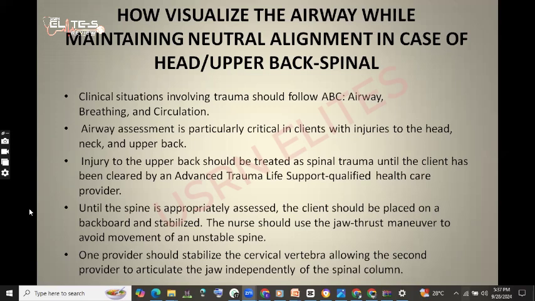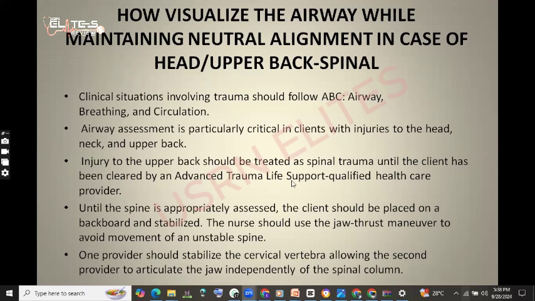You're welcome. So the next point we are saying is airway assessment, particularly for clients with injuries to the head, to the neck, and to the upper back. Very, very critical. Injury to the upper back should be treated as spinal trauma until the client has been cleared by an advanced trauma life support qualified healthcare provider.